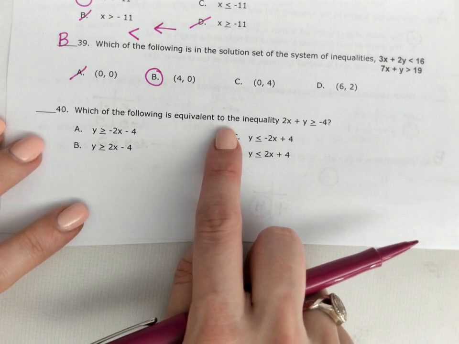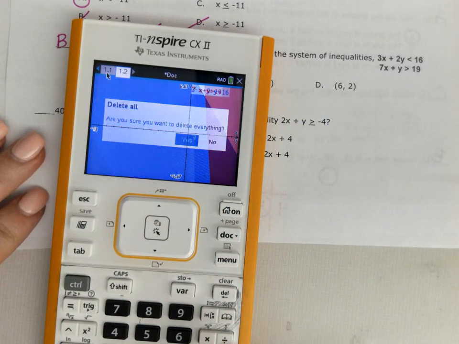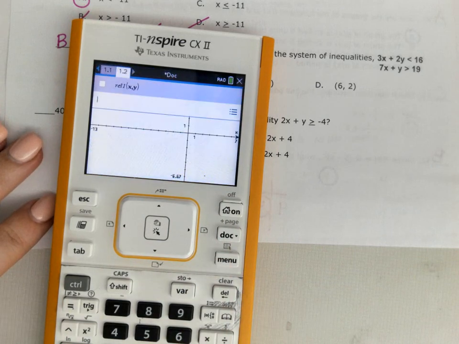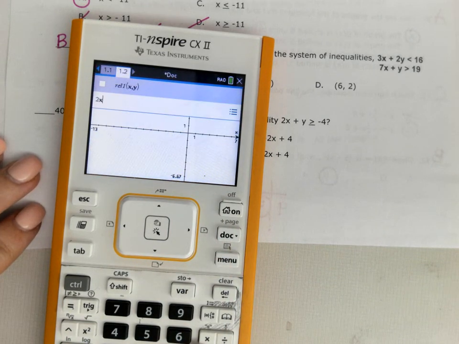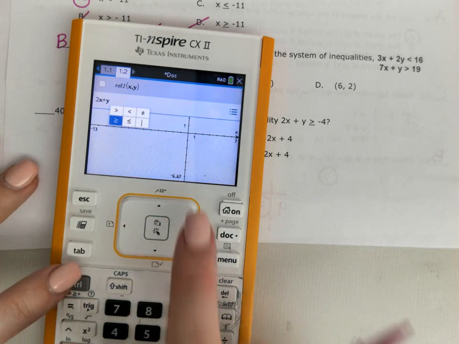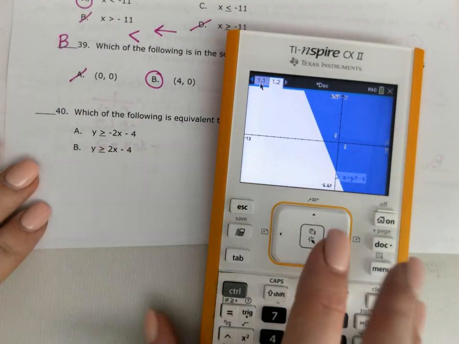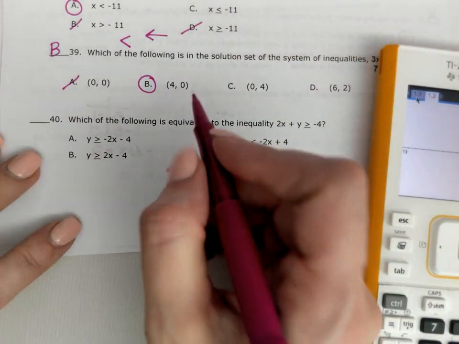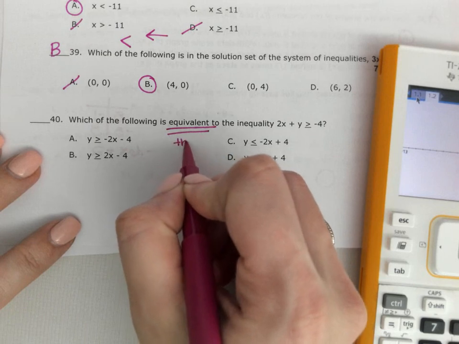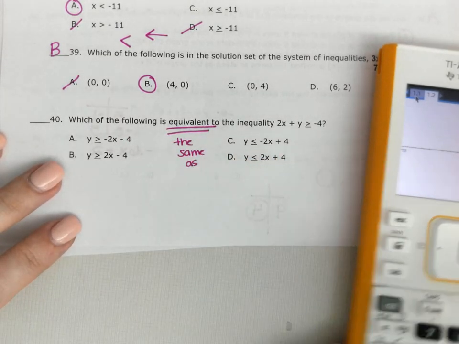Which of the following is equivalent to this inequality? So they gave us an inequality, so I'm going to type it in on my graph, menu 3, 2. 2x plus y greater than or equal to negative 4. So there it is. And I need to see which one of these is equivalent or the same as these inequalities.